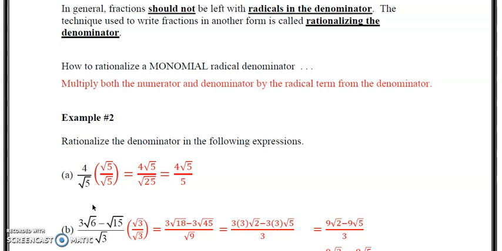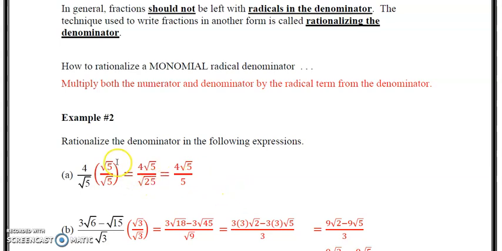So basically, if you had 4 divided by root 5, how do we get rid of that root 5? Because we can't simplify that any further. So basically, all you do is you multiply the numerator and the denominator by whatever that denominator is, underneath the radical sign, of course. So to get rid of this root 5, I multiply it by root 5, because the root 5 multiplied by root 5 is the square root of 25, which becomes 5.